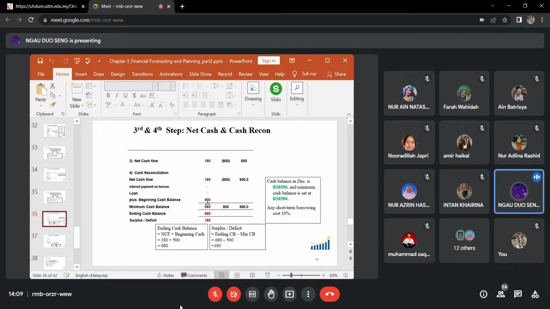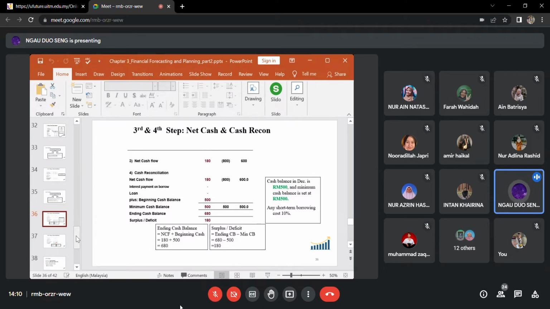So then we have 680 minus 500, so we have surplus, meaning we have extra money, 180 for January. So minimum cash balance is the cash yang you kena maintain dalam syarikat for daily activities. Kalau restaurant, you need to maintain lah cash. So nanti customer give you money, you need to pay back the balance, right?